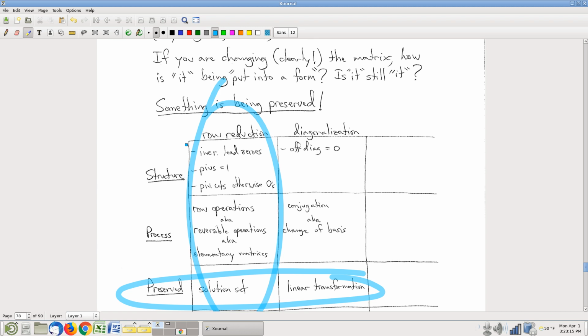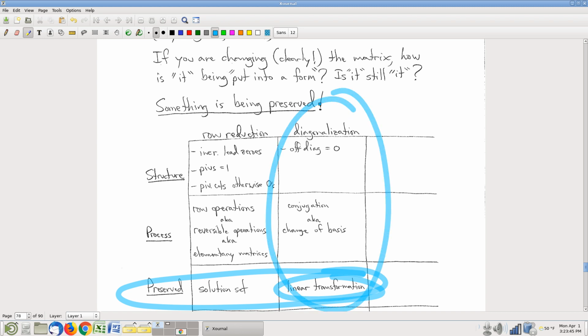So all we're doing when we do row operations, multiplying by elementary matrices, however you want to think about it, is talking about that same solution set, just in a different way, and representing it hopefully by way of a matrix that makes it easier to understand. Right? Likewise, when we're talking about diagonalization, what we care about is the underlying linear transformation.